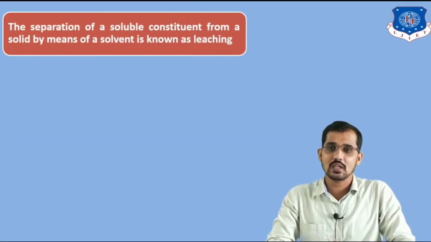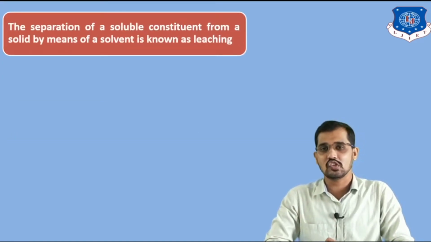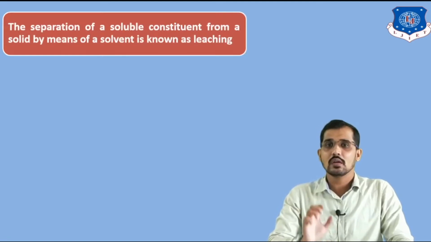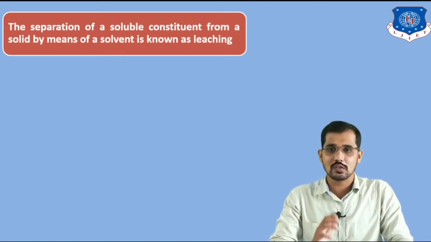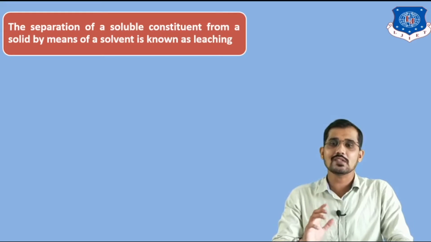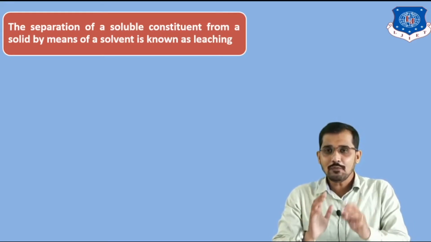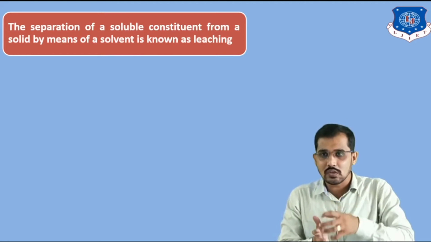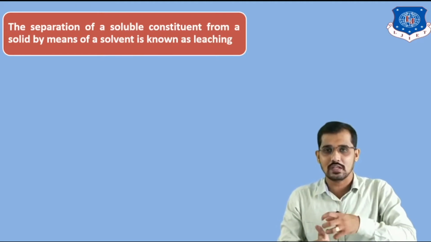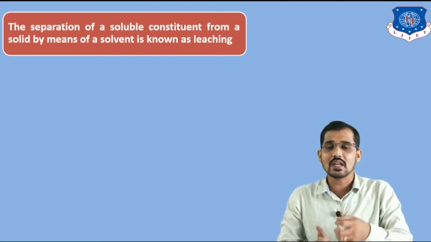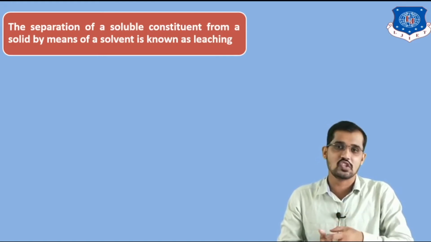You can see on the screen, this is the definition of leaching. According to the definition, the separation of a solute constituent from a solid by means of a solvent is known as leaching. Yesterday I told you, if you want to extract some constituent or solute from a solid by using a liquid, then that separation process is nothing but leaching.